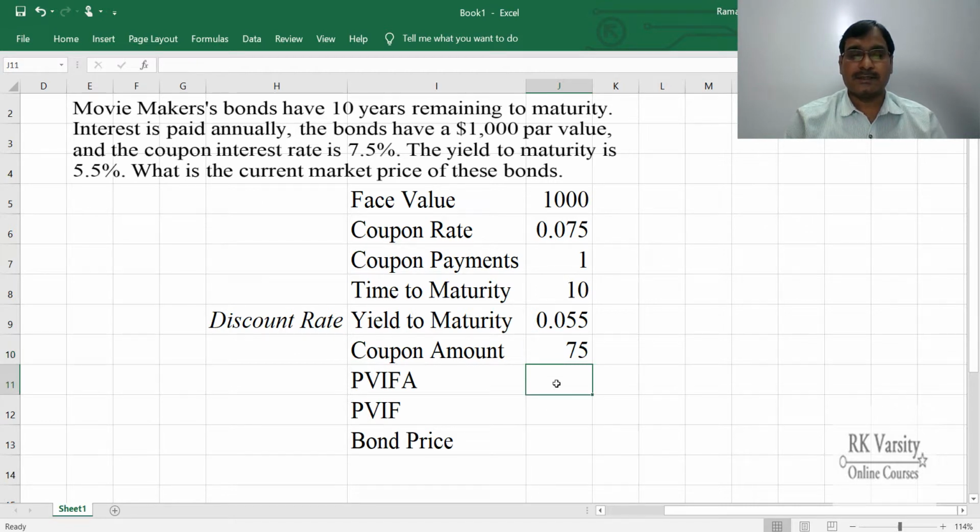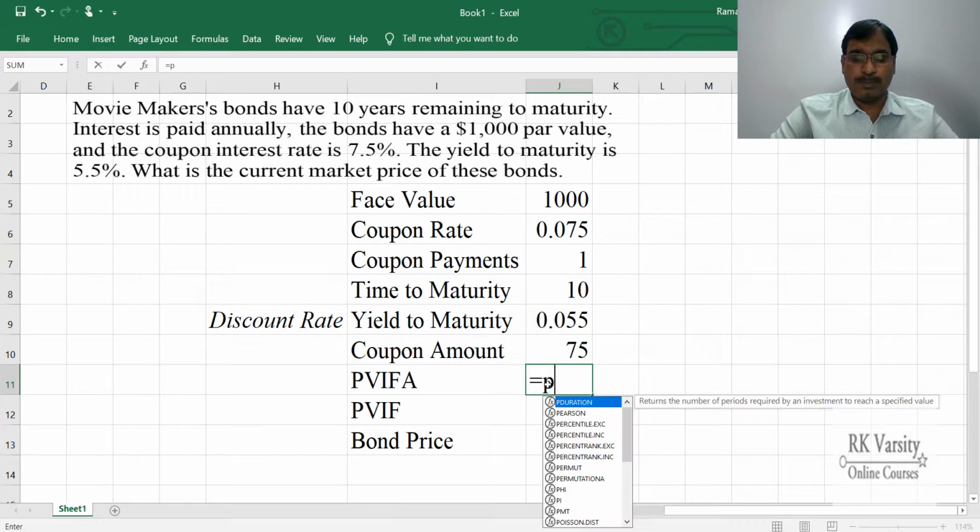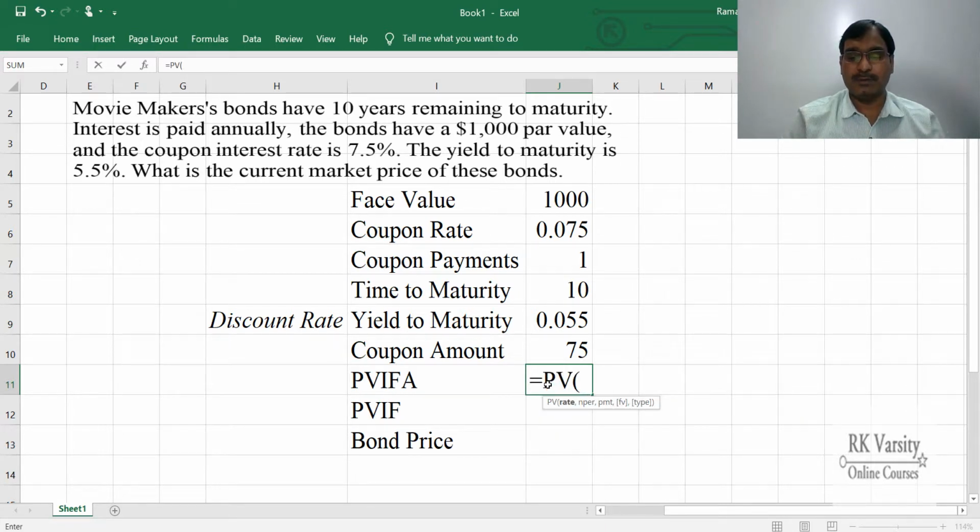Now, as you know, first we need to calculate the present value interest factor of annuity, because this $75 that you are receiving, you will receive for 10 years. So to get the present value interest factor, use the Excel function equal to PV, that is present value, rate. Here the rate is the discount rate, that is your yield to maturity. Select the discount rate, place a comma, then number of periods, that is the time to maturity.